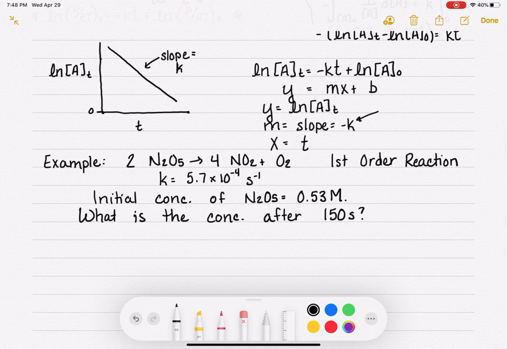So for a problem like this, where they are asking you specifically to calculate the concentration after a particular amount of time has passed, that's your hint that you need to be using the integrated rate law.